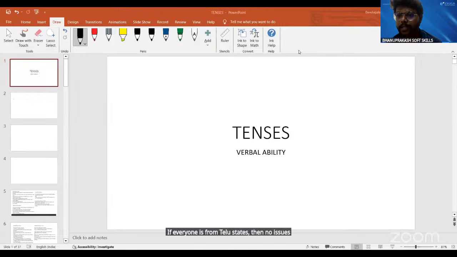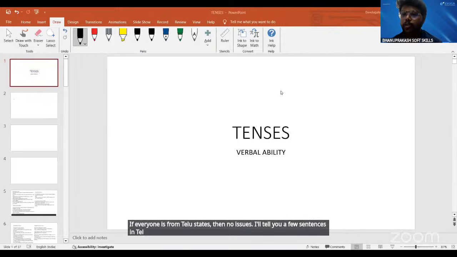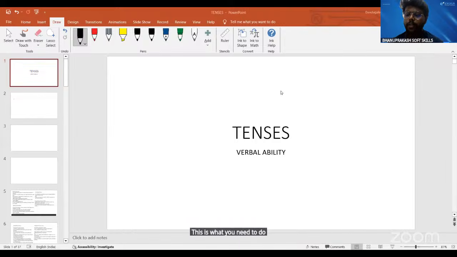I'll tell you a few sentences in Telugu one by one, where you should listen to the Telugu sentence, translate it into English, and write it somewhere. This is what you need to do. After completing all the sentences, I'll ask for the answers. During that time, you can give the answers one by one to the questions I'm going to ask again. Okay.